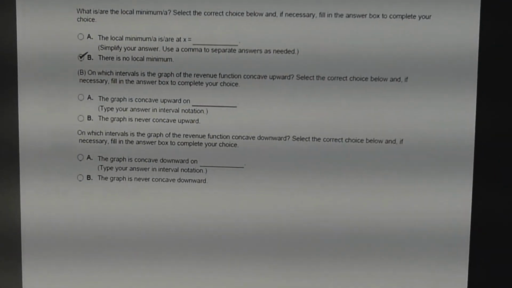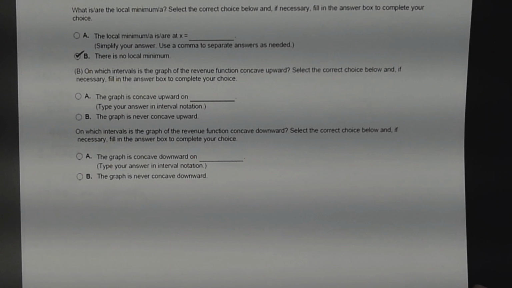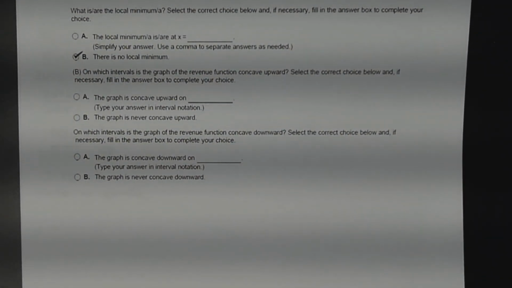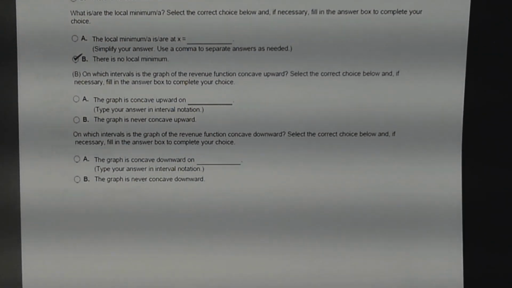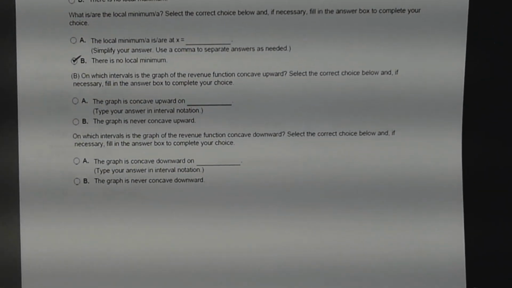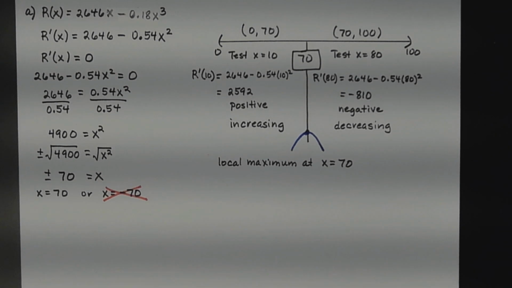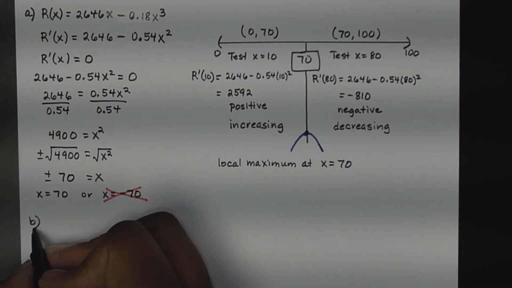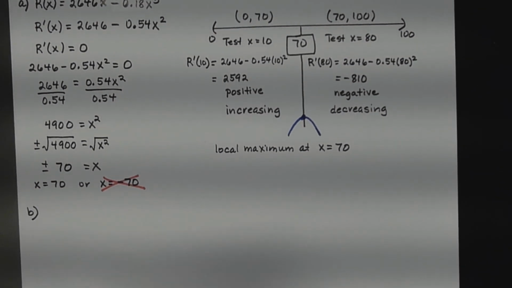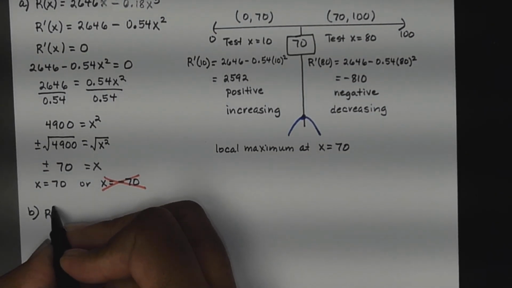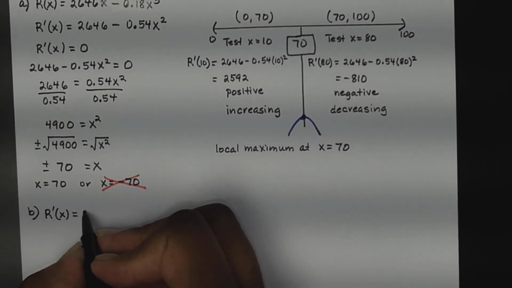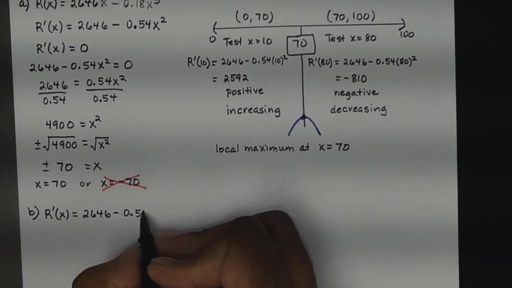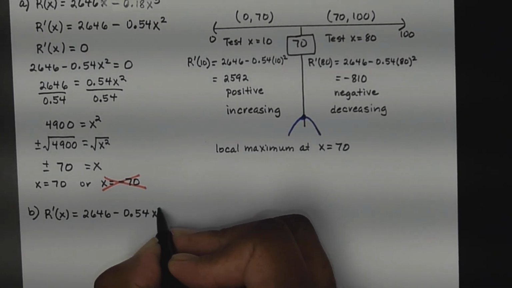Now, part B says here, we want to find out where the graph of the revenue function is concave up. Find those intervals and the ones where it's concave down, okay? So now, this is part B. We have our first derivative, and I'll go ahead and rewrite that as r prime of x equaling 2,646 minus 0.54 x squared.